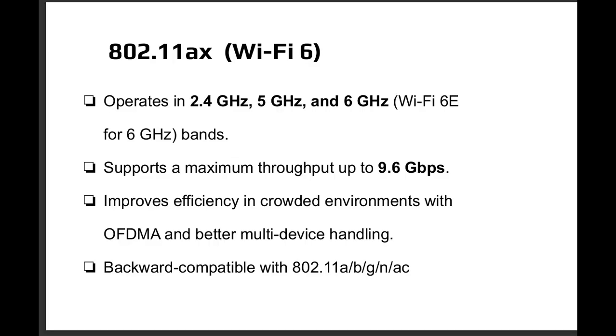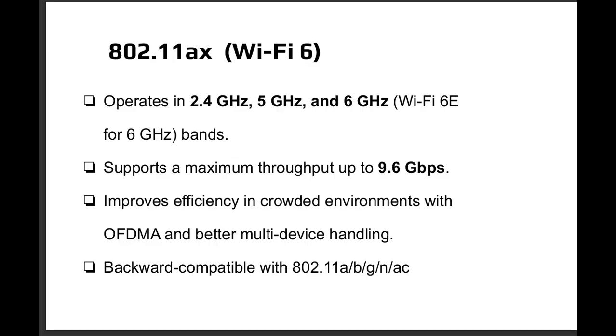It can operate in all three of 2.4, 5, and 6 gigahertz frequencies. 802.11ax also uses the same multiple user MIMO technology and can allow for multiple device handling in each individual slice of a channel. 802.11ax can reach a data throughput speed of up to 9.6 gigabits per second.